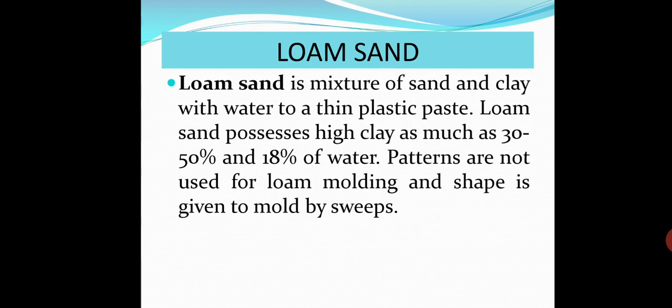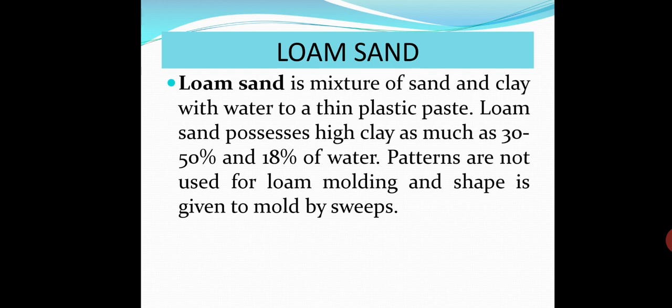Next is loam sand. Loam sand is a mixture of sand and clay with water to a thin plastic paste. In this case, the clay percentage is very high, so it is in the form of a plastic paste.